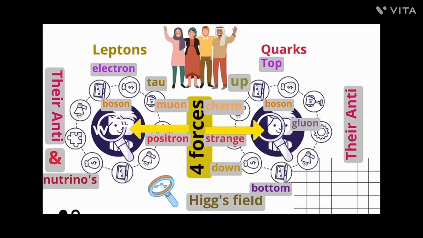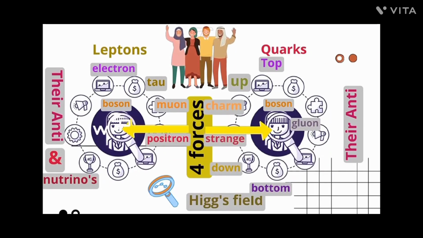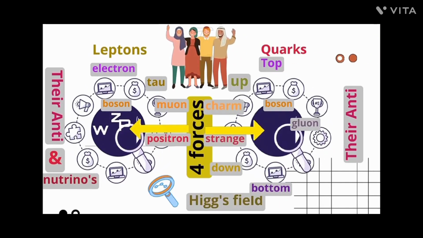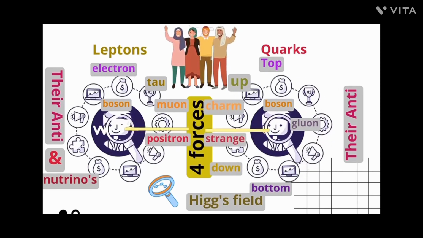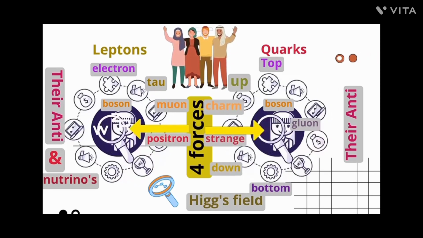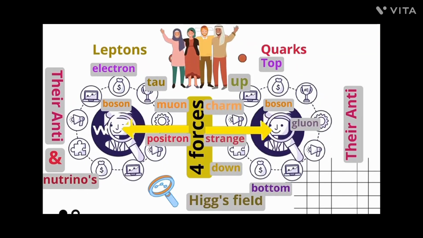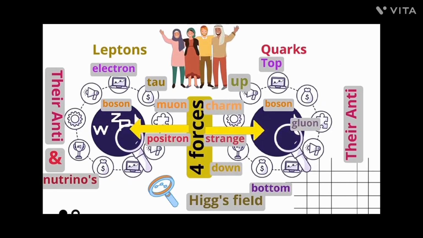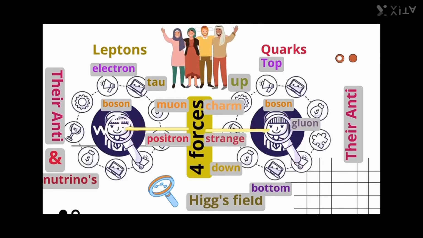Then we have got 24 particles. The particles which are found free, like leptons, and the particles which are found bound in protons, neutrons, etc., that is quarks.